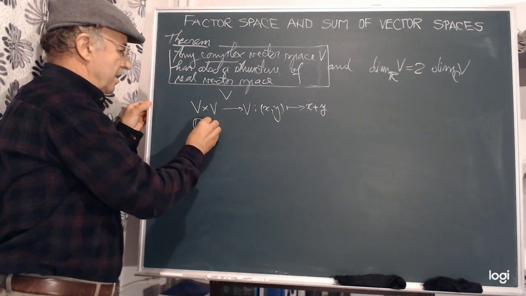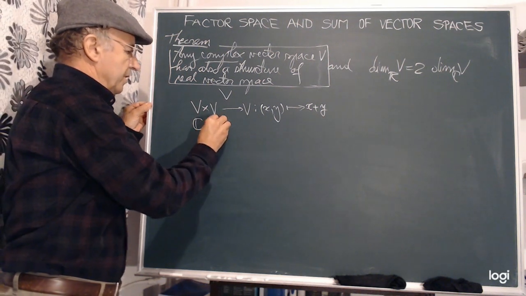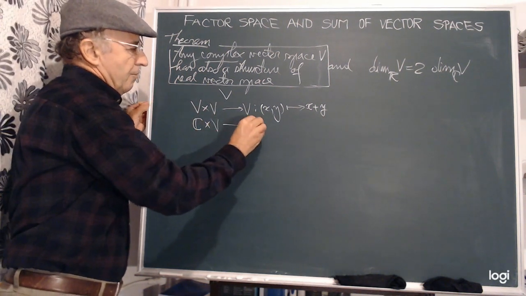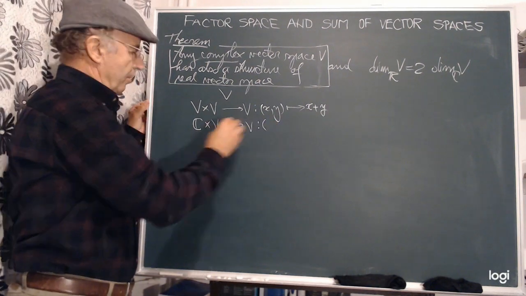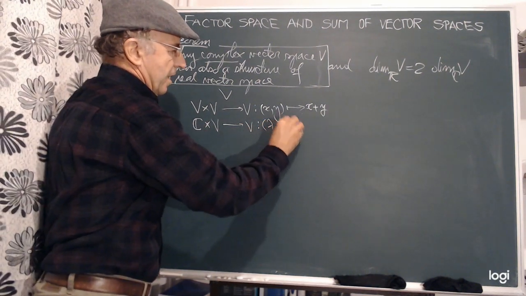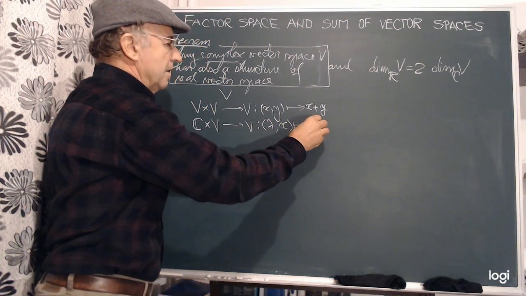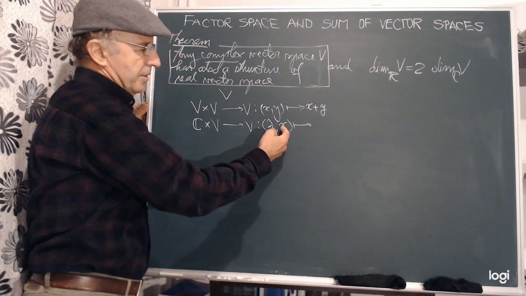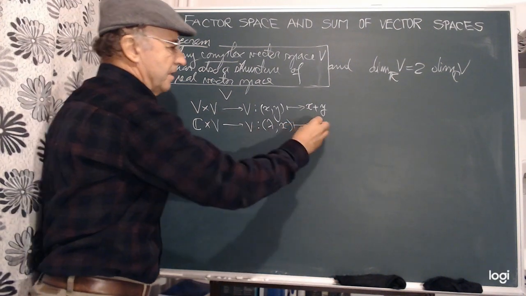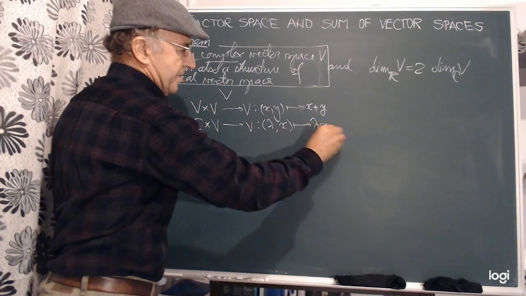So a map from C times V to V, for any pair formed by a complex number lambda and the vector X, is defined the product of X multiplied by the scalar lambda X.